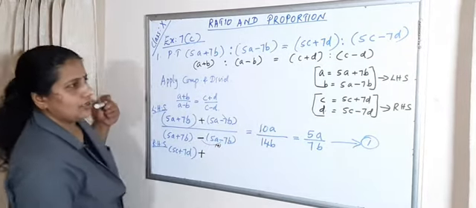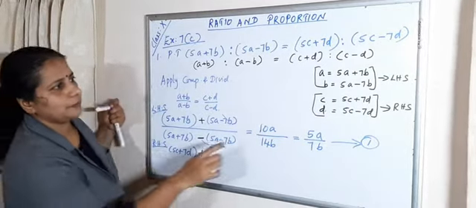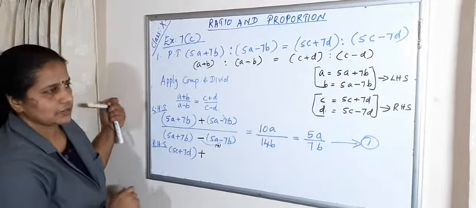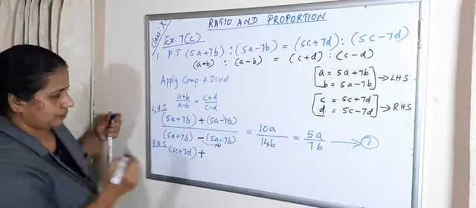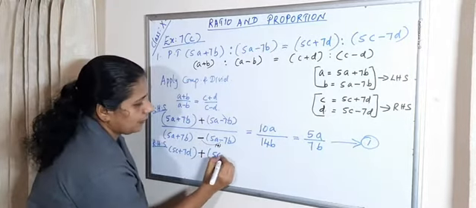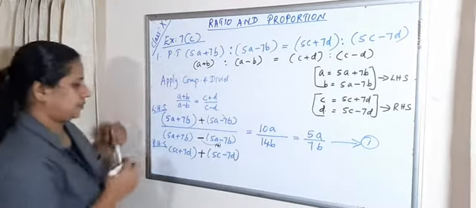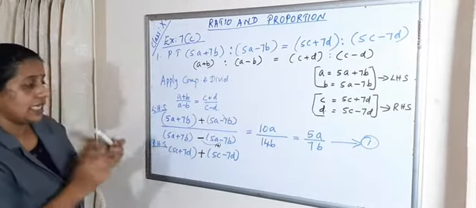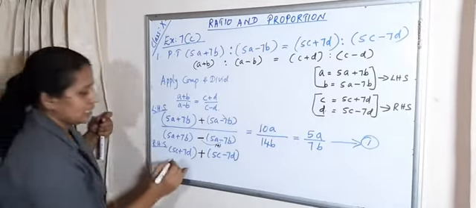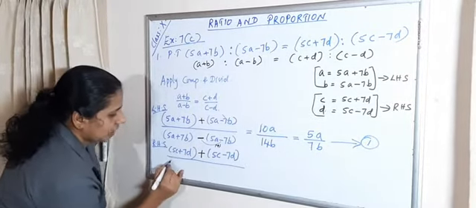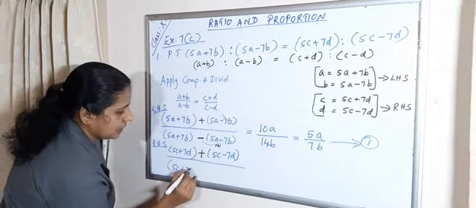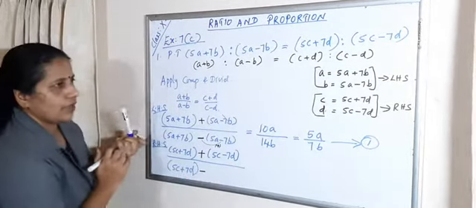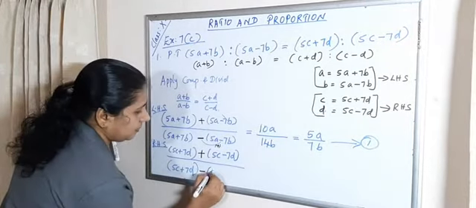D is 5C - 7D. Okay, 5C + 7D plus 5C - 7D. Next one is C - D. C is 5C + 7D minus D is 5C - 7D.